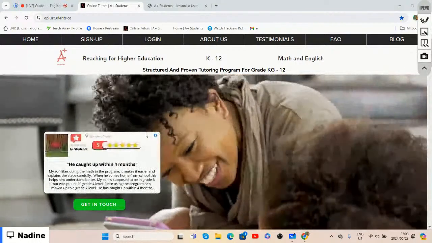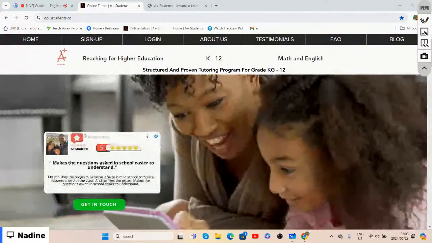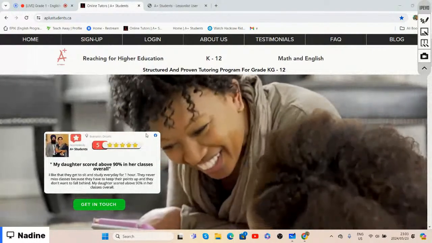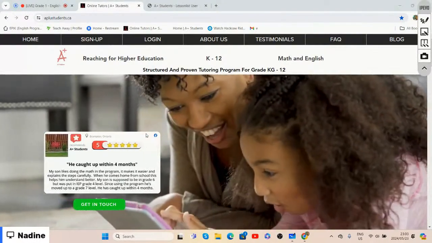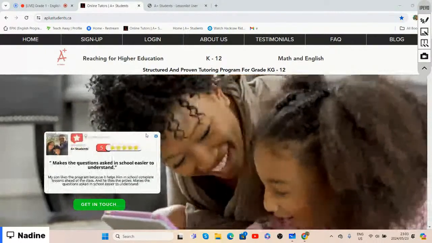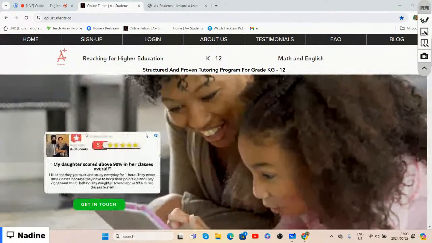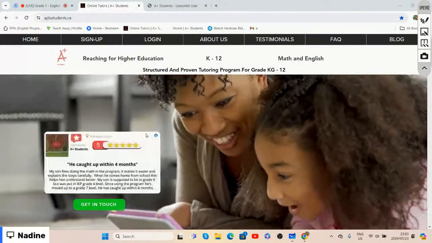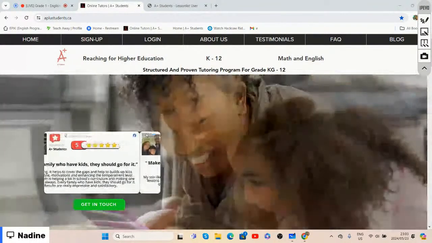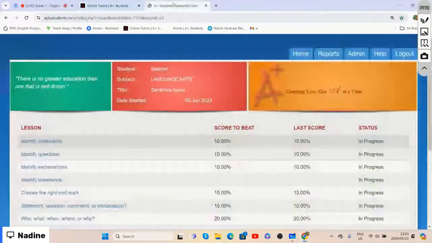Once we've logged on to aplusstudents.ca with our username, as well as our password, we're going to select the subject of English Language Arts, Grade 1. And then we're going to scroll down until we get to the chapter of sentence types.